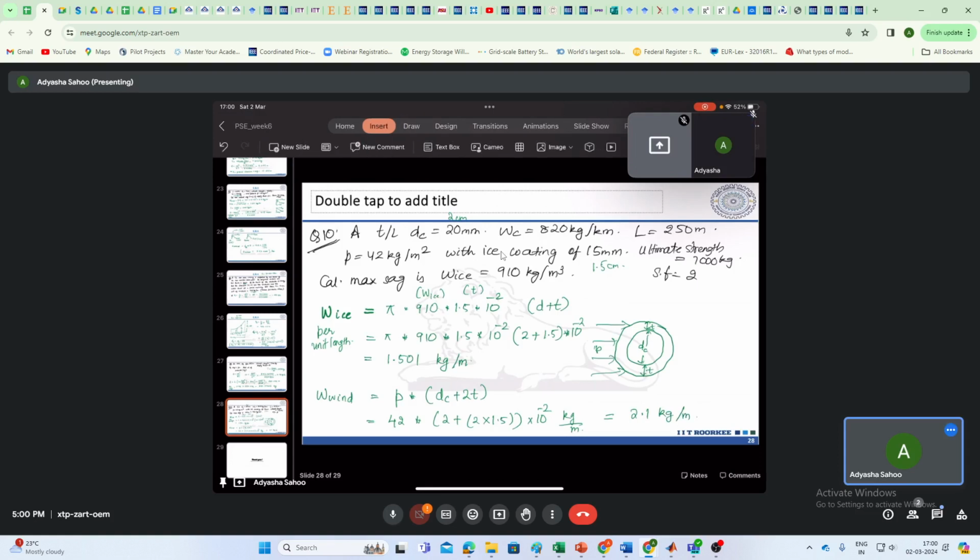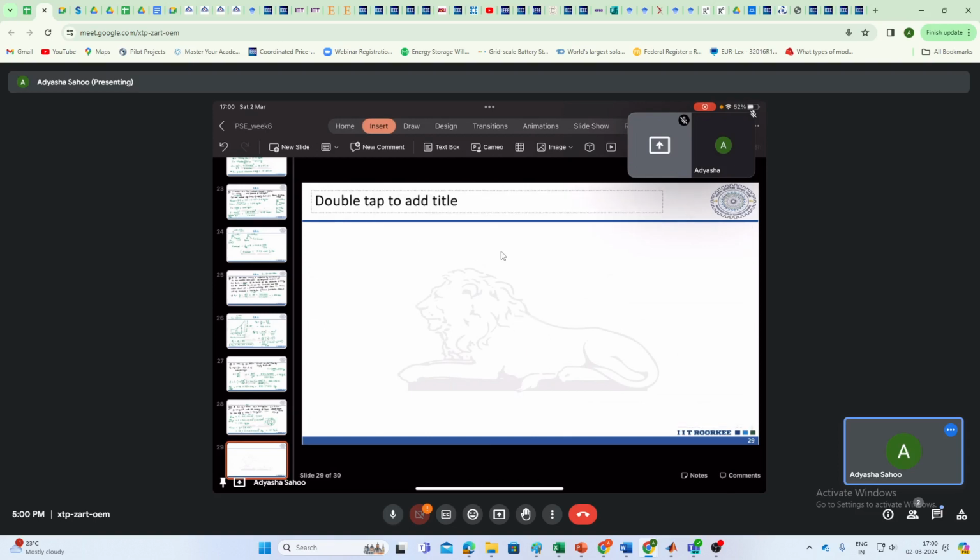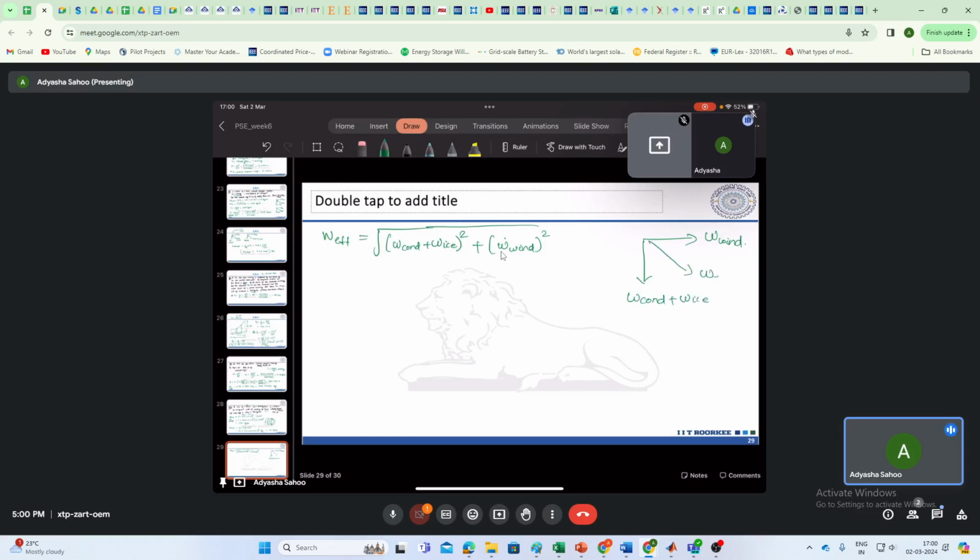So W effective is W conductor plus ice plus W wind, because basically wind is in this direction, and this is your W conductor plus W ice, this is your effective.